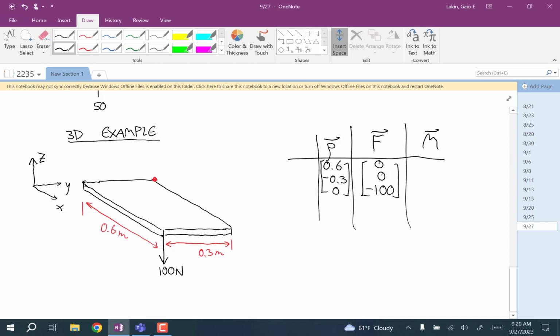And so the cross product is 30 for X, 60 for Y, and 0 for Z.